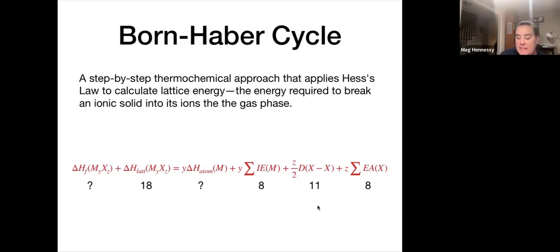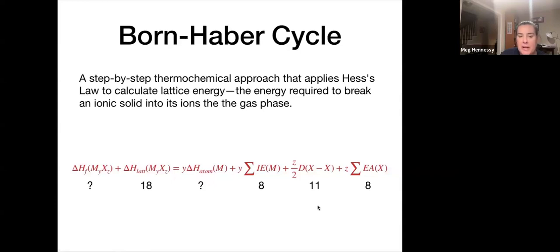It is always a positive number, and it's always a pretty big number because it takes a lot of energy to break all of those ionic bonds. But I can't really do that. And so we come up with this really convoluted scheme of reactions that we can do and a way to sum them together to get the information that we want. And so my master formula is here in red, and it's correct, but it's a little bit undecipherable.